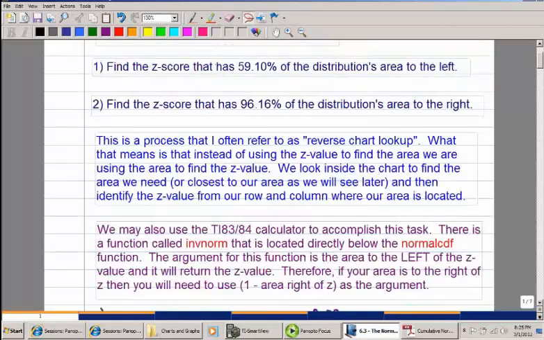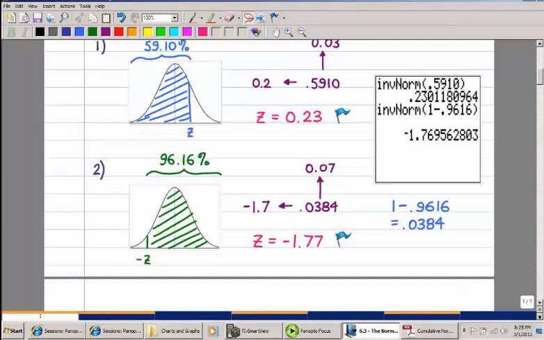Now, the next one says find the z-score that has 96.16% of the area to the right. All right, now it's a little bit different, area to the right. We can't look for 0.9616 on the chart because the chart is based on the area to the left.